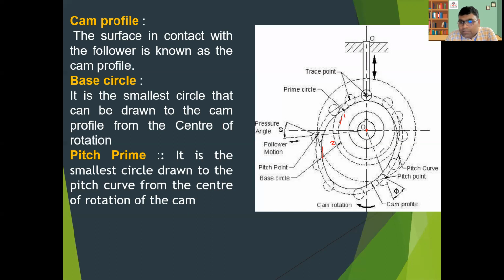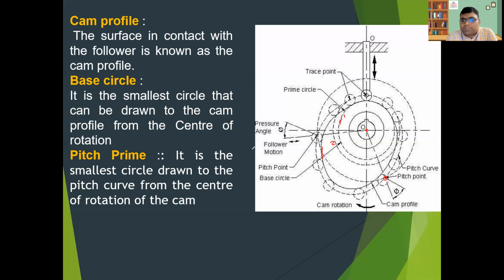And if the follower reaches somewhere around here, and we obtain a point, this is called the pitch point. If you draw a circle passing through the pitch point, with its center at the center of the cam, this circle is called the pitch circle.